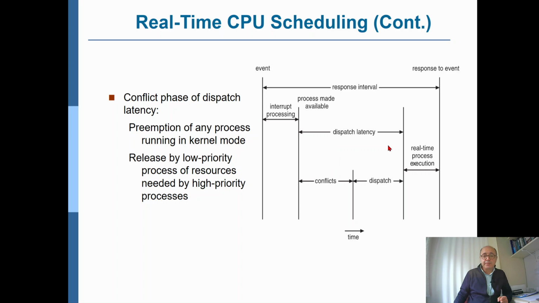So the dispatch latency is the time for the dispatch operation itself, but before the dispatch operation, you should resolve the conflicts. And in real-time operating systems, as we said, you should reduce both the interrupt latency and the dispatch latency as much as possible. So in the scheduling methods we're going to discuss, that will be our primary concern.